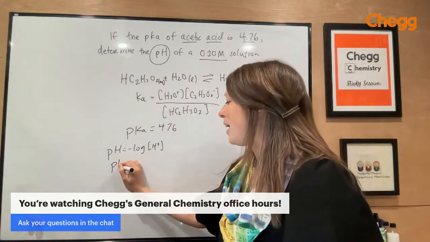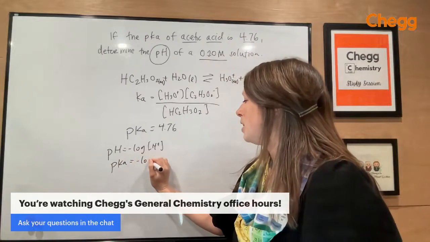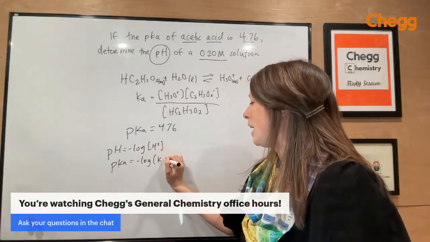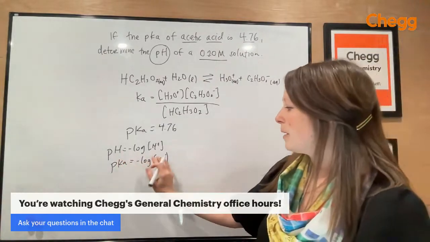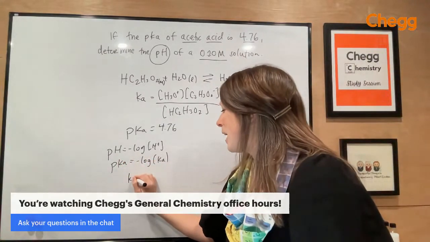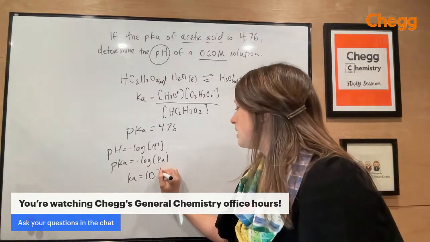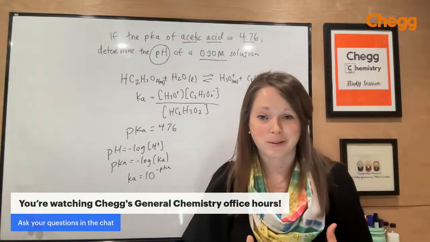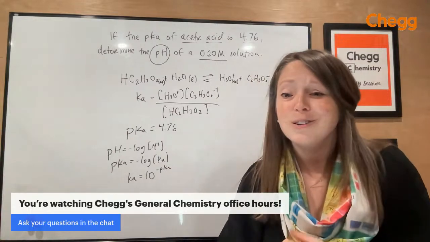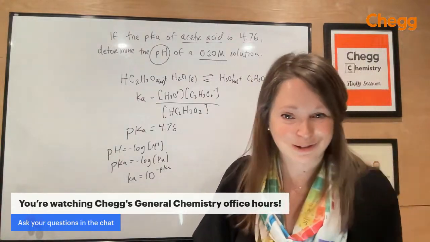The pKa is going to be equal to the negative log of the Ka. So in this case, we don't know Ka, so I'm going to rearrange this log equation. Ka is going to be equal to 10 to the negative pKa. This is one of those equations that I have everyone memorize because in chemistry, you don't need to be worrying about deriving the log equation, right?